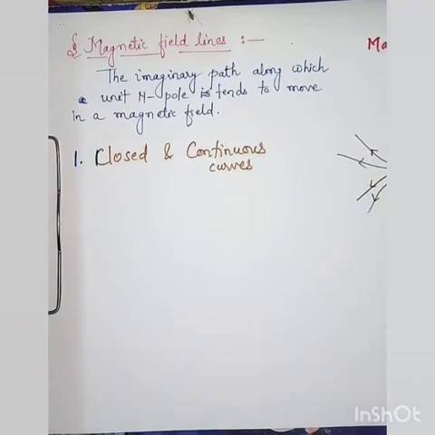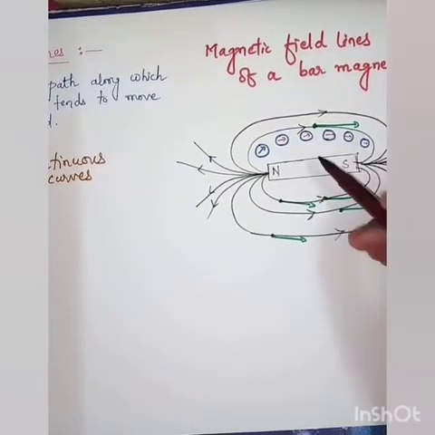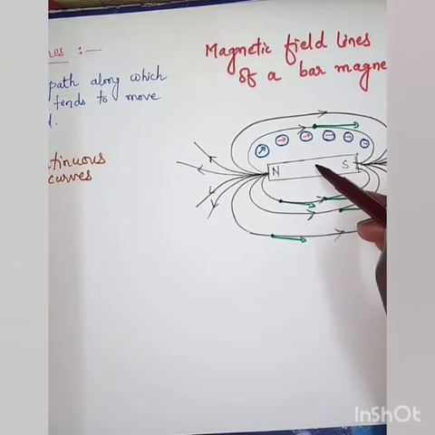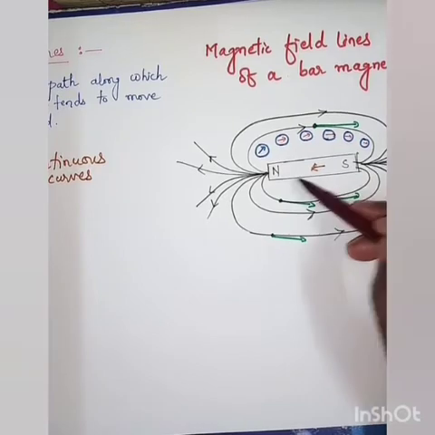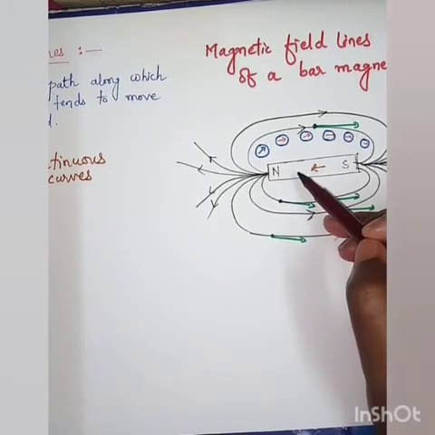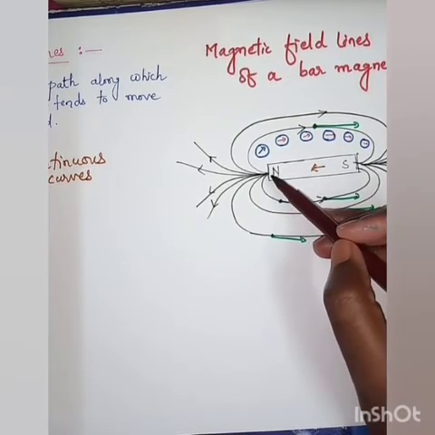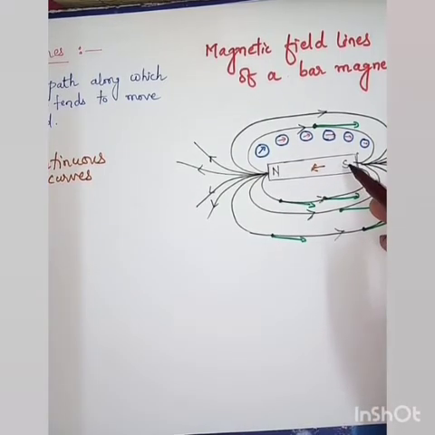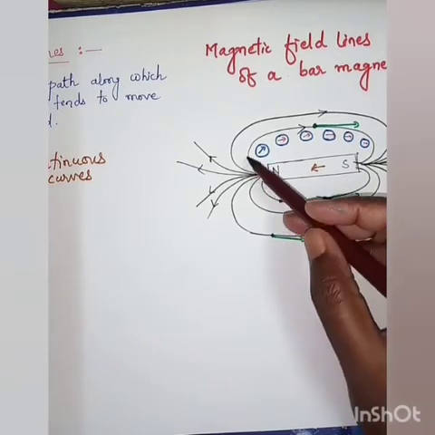Closed and continuous curves means it starts from the north pole, as given by the compass needle, and ends at the south pole outside the magnet, but inside the magnet the direction is from south to north. Therefore it is said that they are closed and continuous.